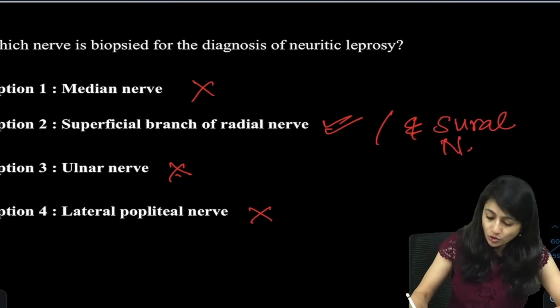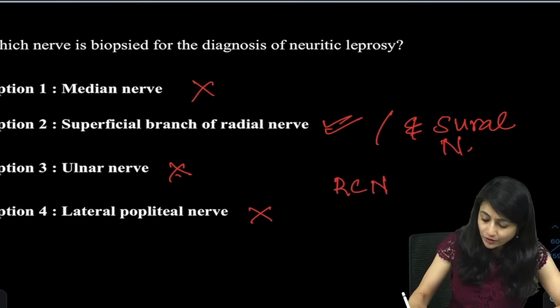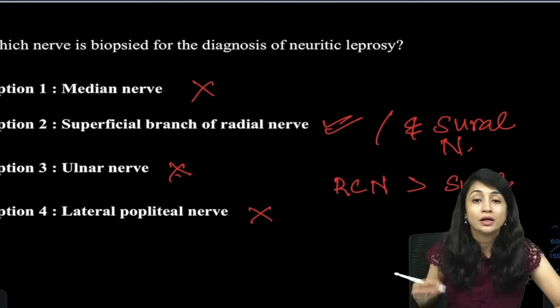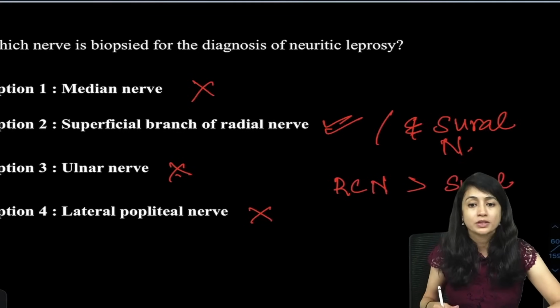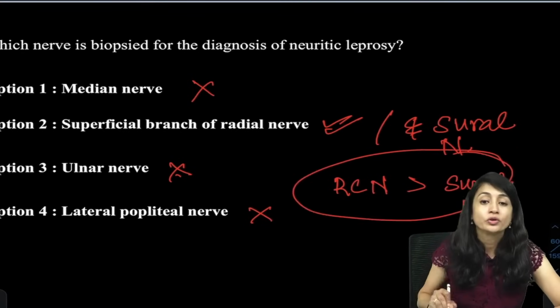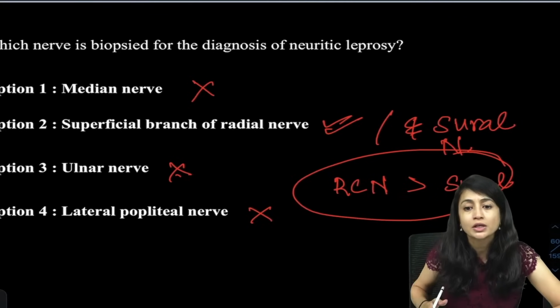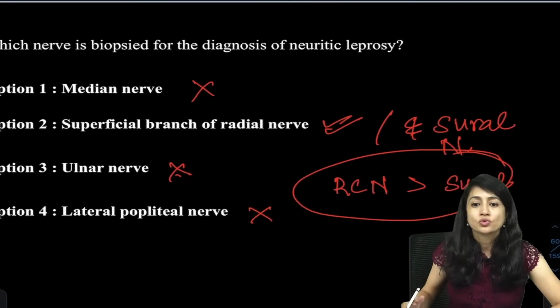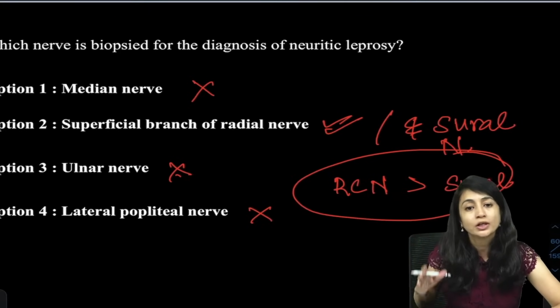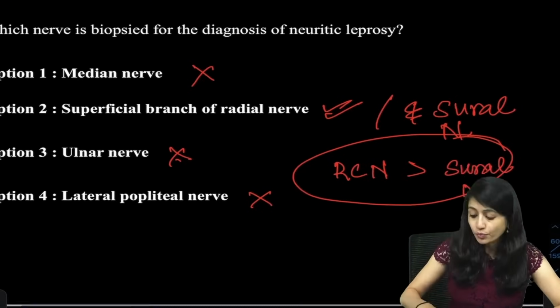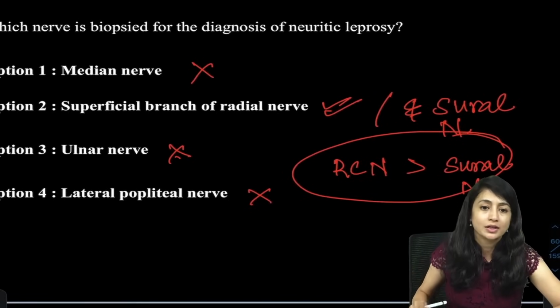If you have both as option, then again you would prefer radial cutaneous nerve to sural nerve because it is more easily accessible for biopsy. So for a neuritic Hansen, it should be radial cutaneous nerve. If not present, then sural nerve. Okay. Yes, sural nerve is possible. I'm telling you, if both are there in the option, then you mark RCN.